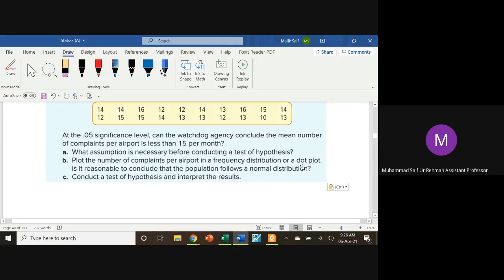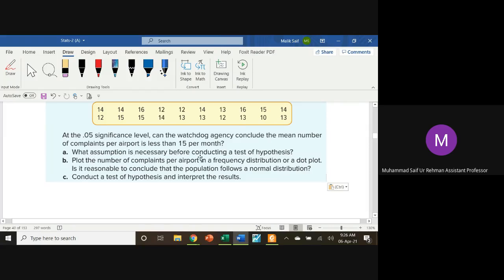You may also draw the dot plot, because you are familiar with these two, frequency distribution and dot plot. We have learned these two in the first course of statistics. So you may solve this second part, and therefore I'm not going to touch this.